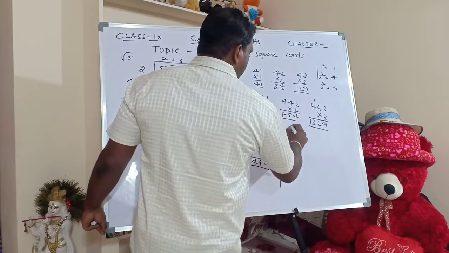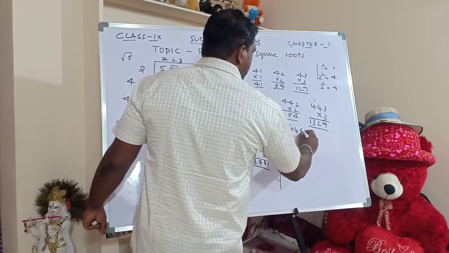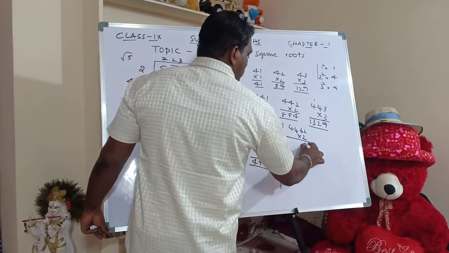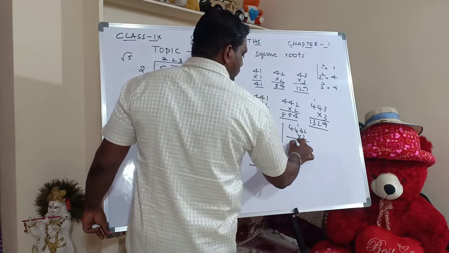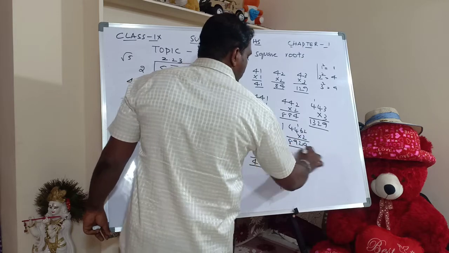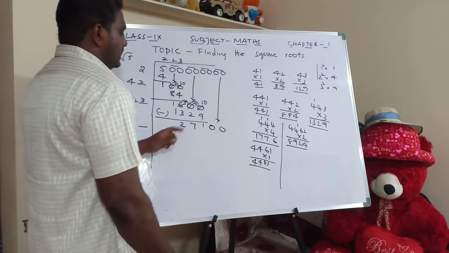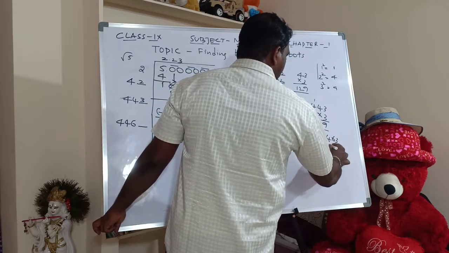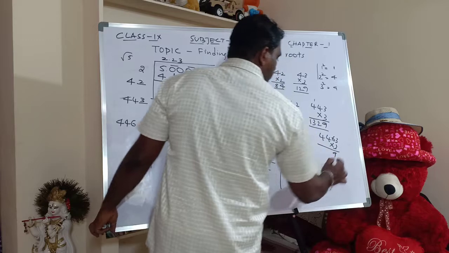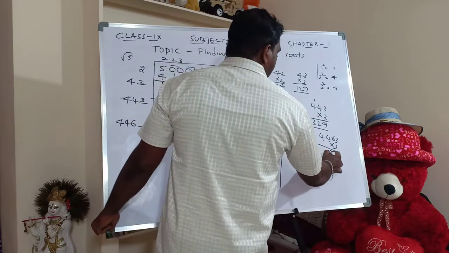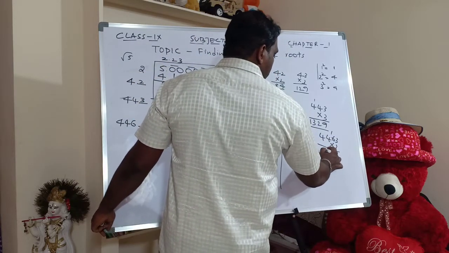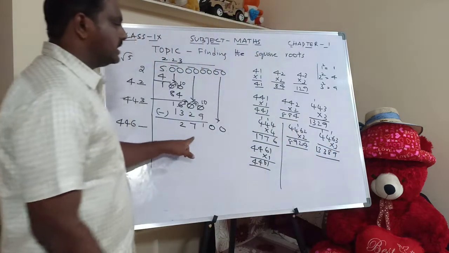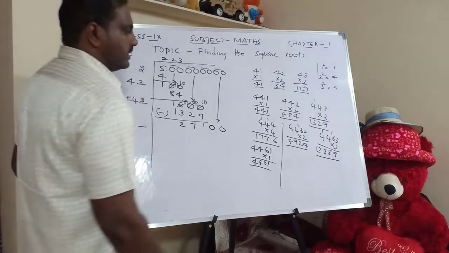Next 4462 into 2. So 2 twos are 4, 2 sixes are 12, 2 fours are 8, 9. Next 4463 into 3. 3 threes are 9, 3 sixes are 18, 3 fours are 12, 13. 13,389, but I got 27,100.